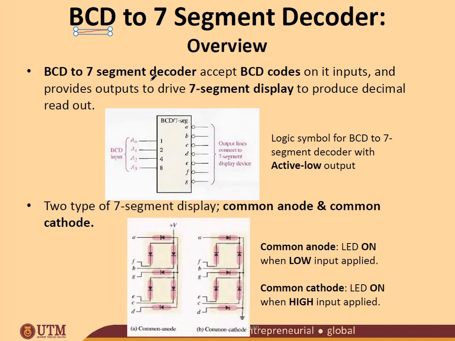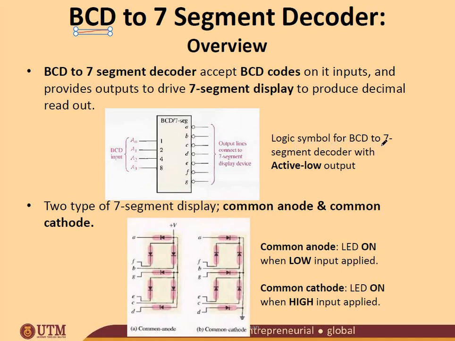BCD to 7-segment decoders accept BCD codes on the input and provide output to drive a 7-segment display to produce a decimal readout. This is actually the conventional display, like maybe you have in calculators, the digits, the numbers.